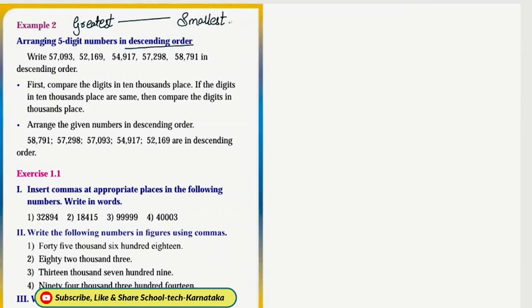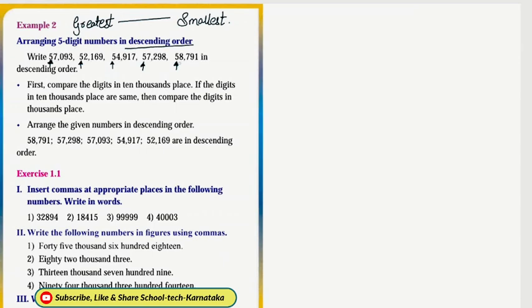So to find the greatest number first, we need to compare all these 5 numbers. We compare the digits at the 10,000s place first. So here we have 5, here we have 5, here we have 5, here we have 5, and the last also we have 5.